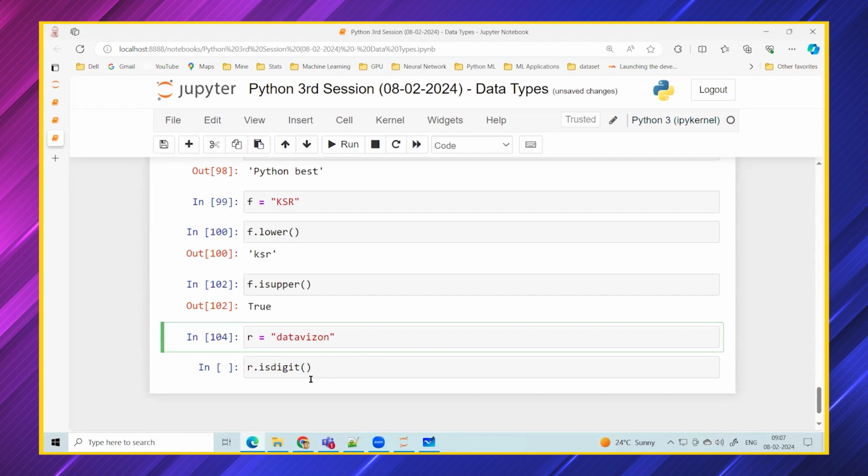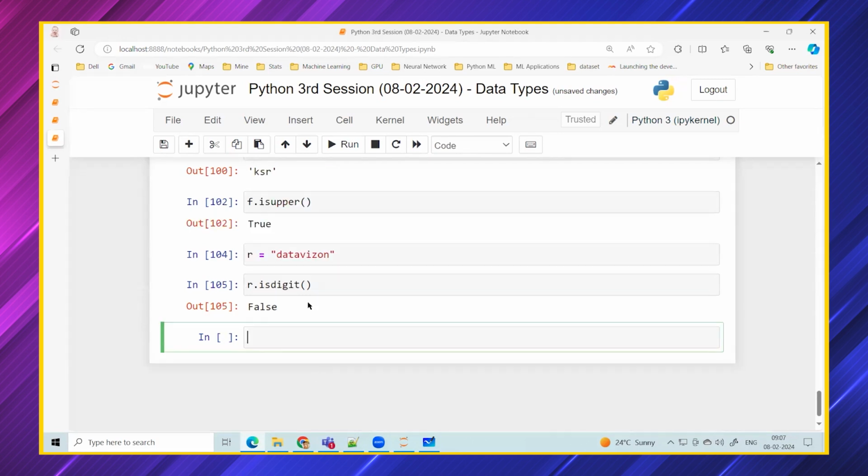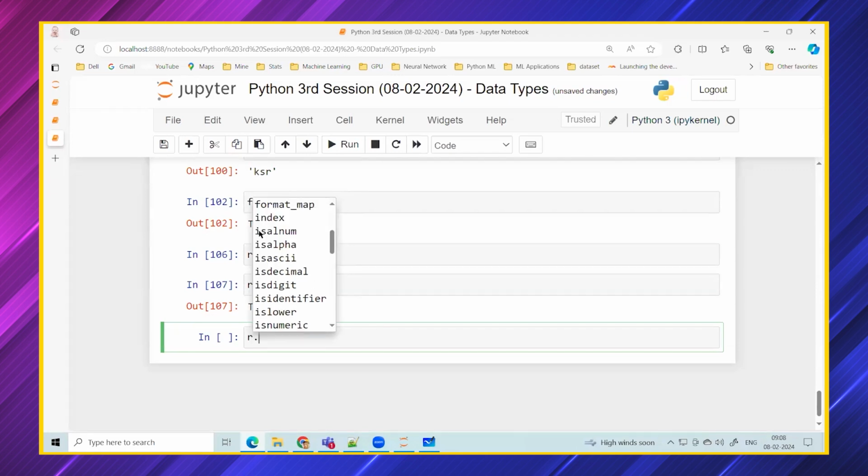Definitely no. So if I put isdigit, it is going to give false. It's not a digit. But if I write it like this, isdigit will give you true. So there are some conditions where you can check, like isalpha. All this will give you a binary output, either true or false.